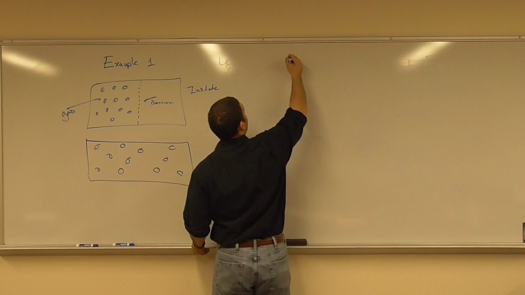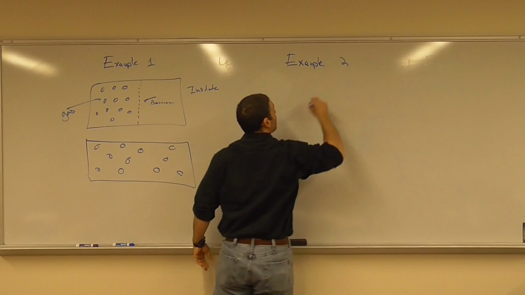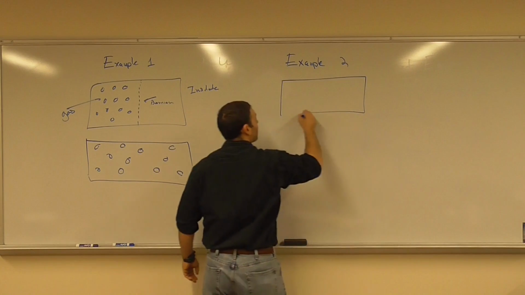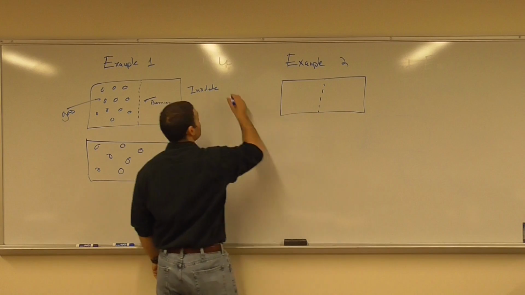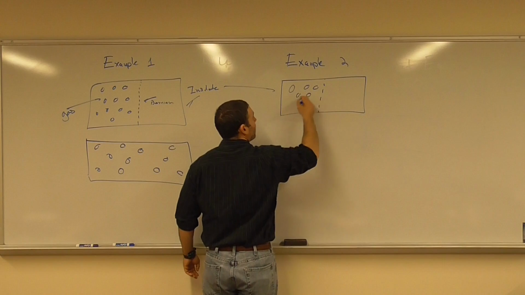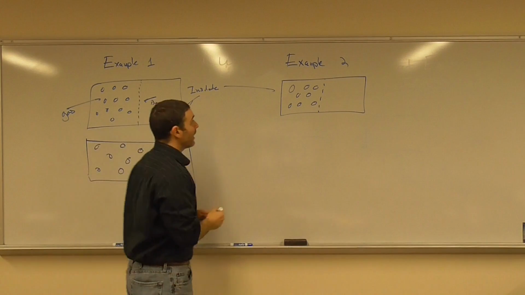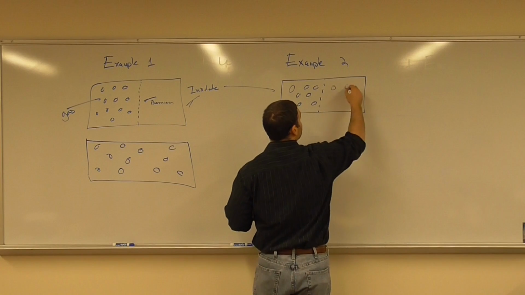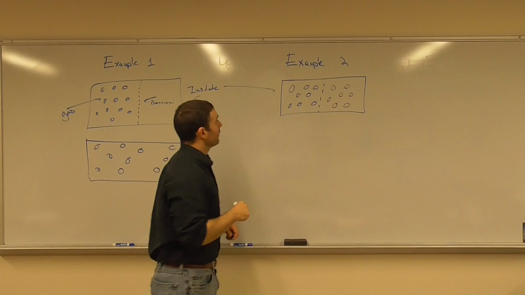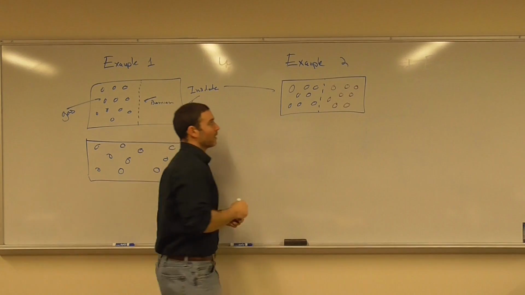Another example, let's do a second and final example here, is imagine I had the same setup. I had a barrier up here, same insulated, and I have gas molecules of one kind on the left, and then an equal number of gas molecules of a different kind over here. Okay?